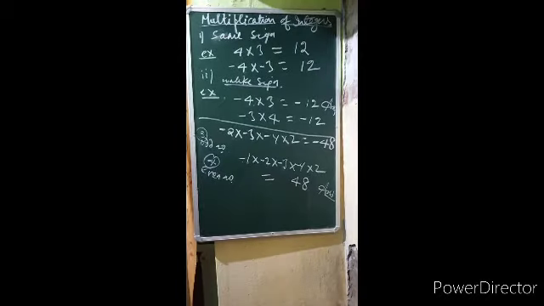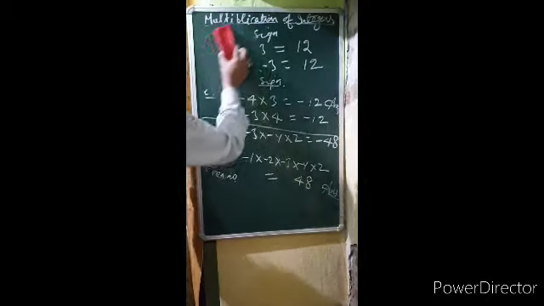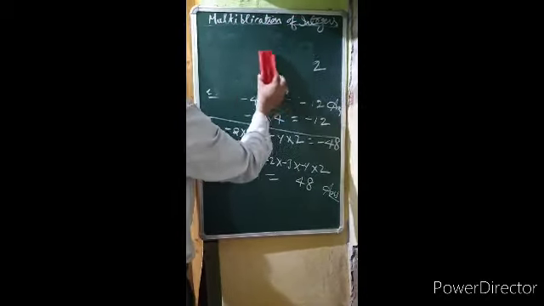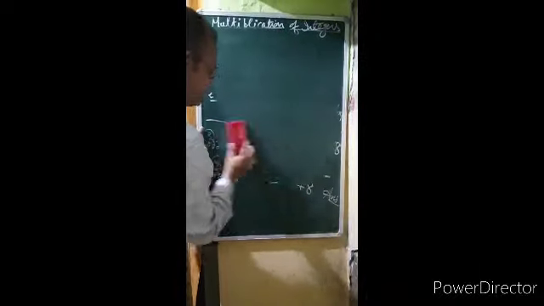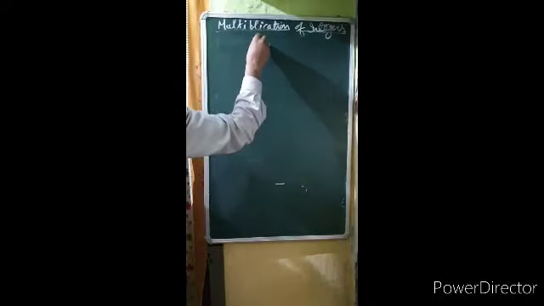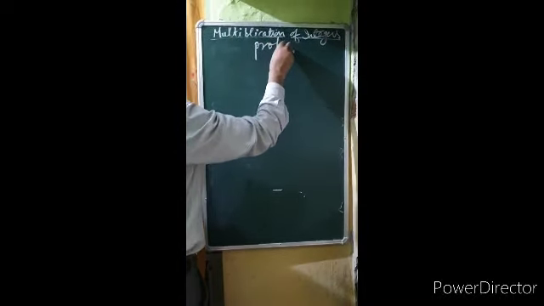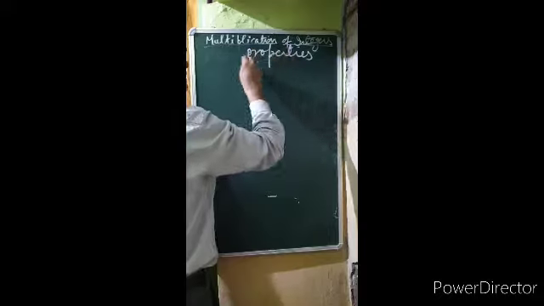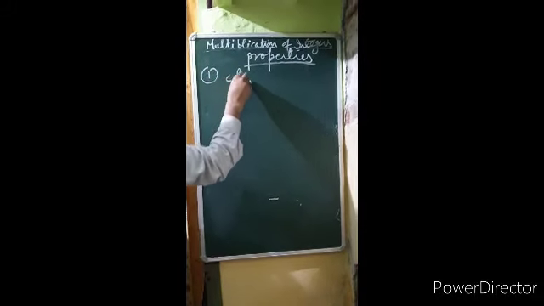Okay. Now about the properties of integers. Properties of multiplication of integers. Number 1 is the closure property.